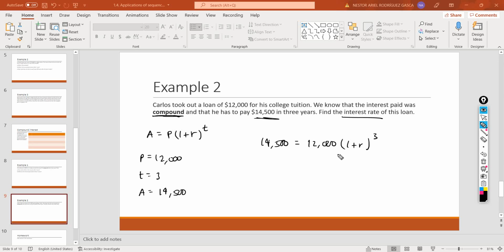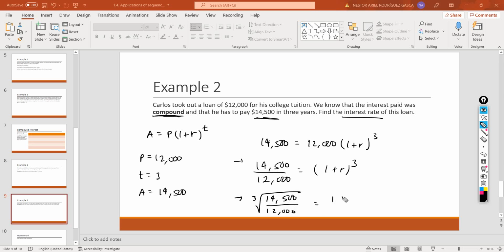Okay, and as you can see, you have an equation with just one variable, which is r, and therefore we can solve it. You can first work completely in an algebraical way. You have 14,500 over 12,000. That's going to be equal to this. And then you take the cubic root of this fraction.